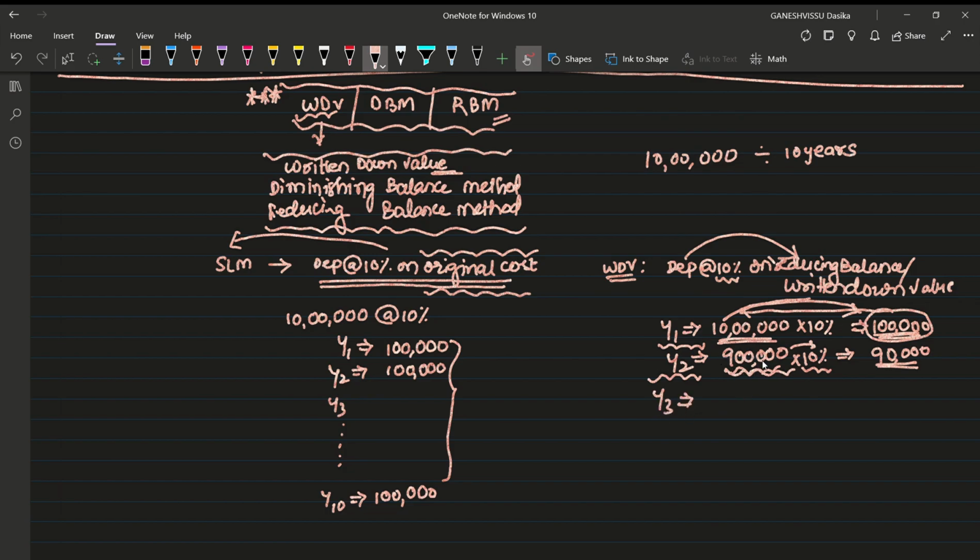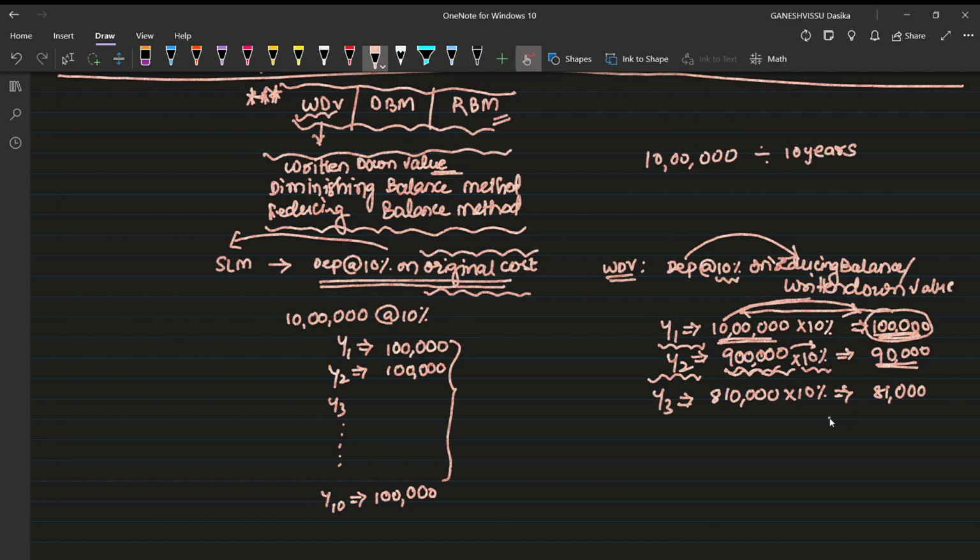At the beginning of year 2, the reducing value is 9 lakh rupees. So for the beginning of year 3, 9 lakhs minus 90,000 is 8 lakhs 10,000, on which we charge 10%, which is 81,000.